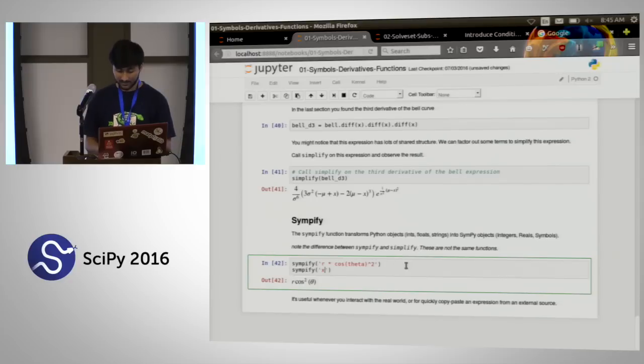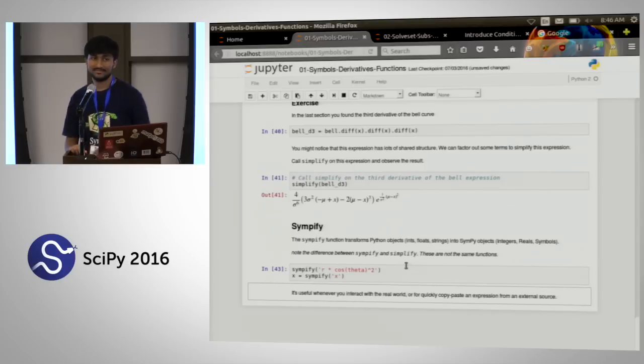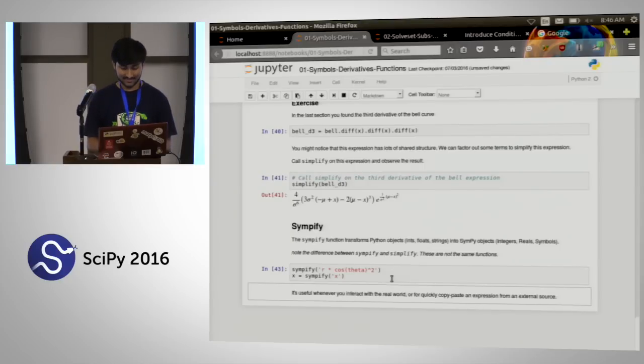So in this way you can define a variable. Yeah, exactly, it does. You shouldn't, but it can. If you check the type of x, it is Symbol. All right, so questions?